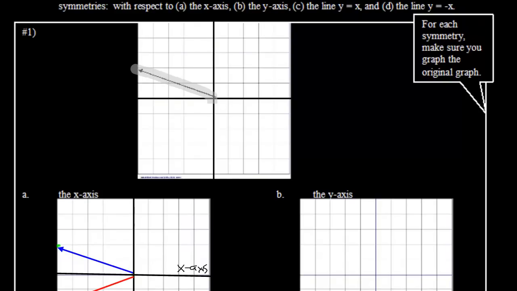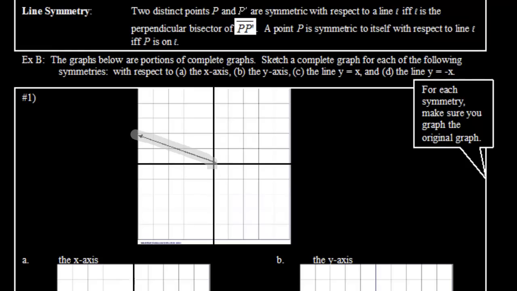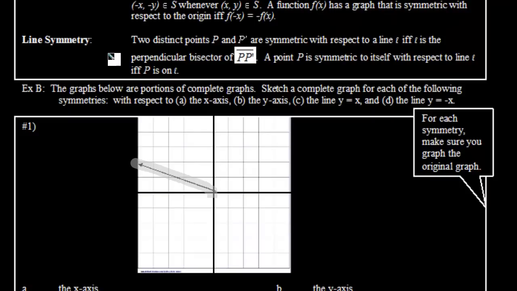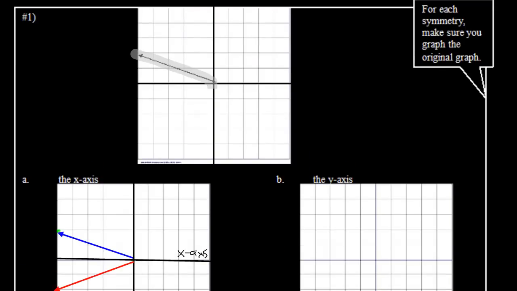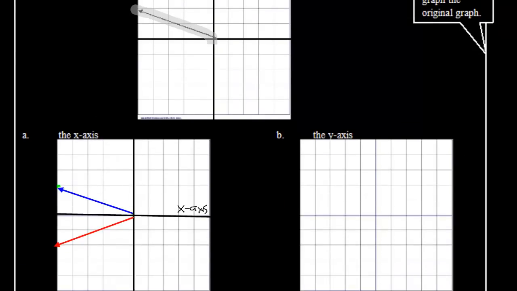According to the definition that we just read about line symmetry, two points are symmetric with respect to a line if that line is the perpendicular bisector of that segment. So for example, if I pick a point on this original ray, like right here, it's approximately left 5 and up 2.